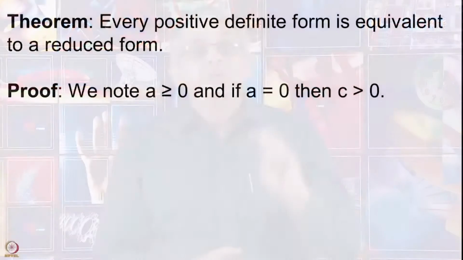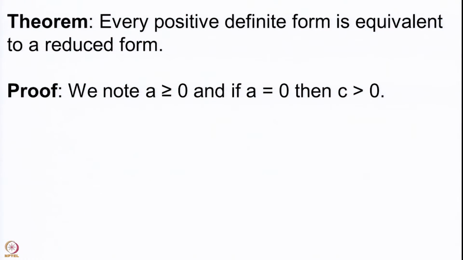These are the only two transformations that we are going to apply to our form, and keep modifying the form suitably, so that after a finite stage we get a reduced form. That is the simple idea of the proof. Let me give it to you once again. We note once again that because the form is positive, a has to be bigger than or equal to 0, a cannot be negative.